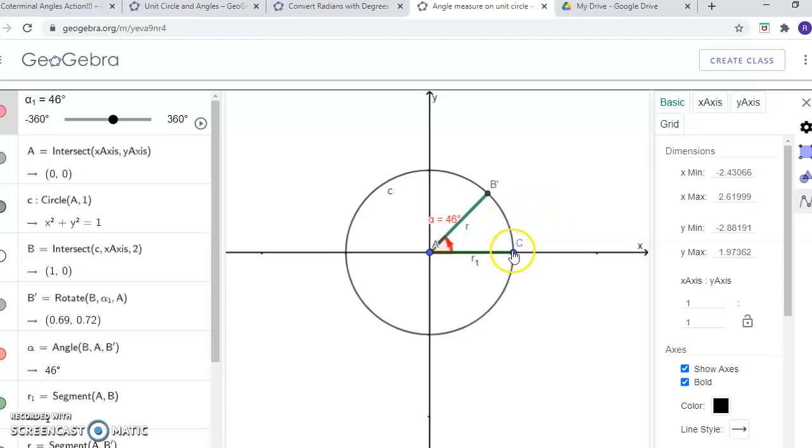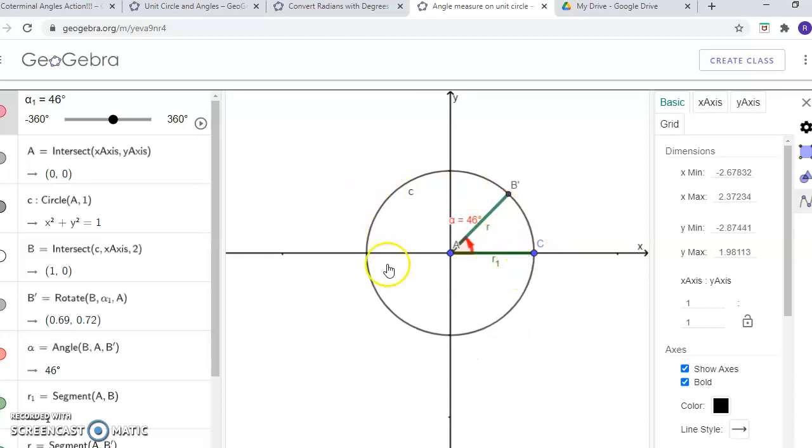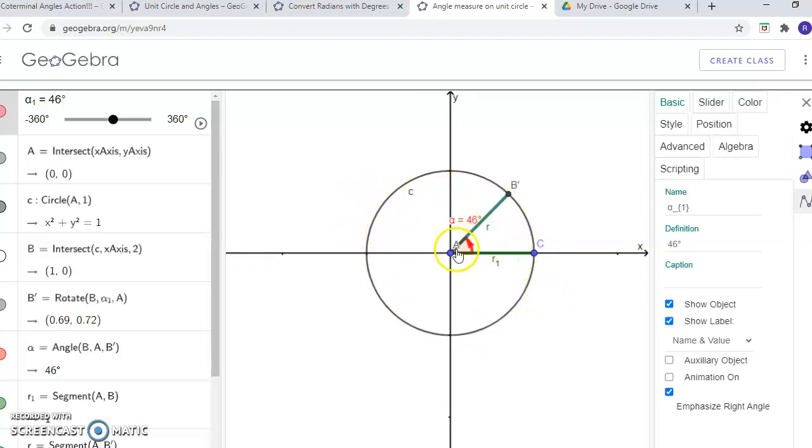So this one, one rotation, one revolution in a unit circle, that is equivalent to 360 degrees. In radian, that is 2 pi.